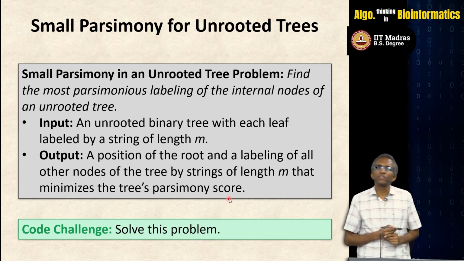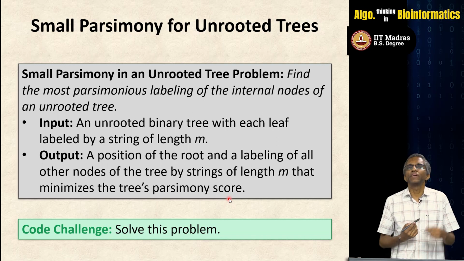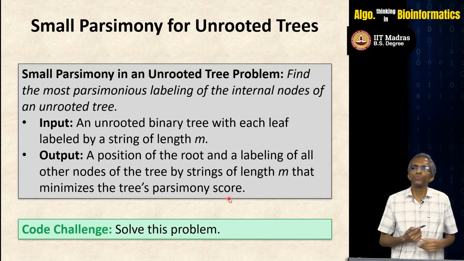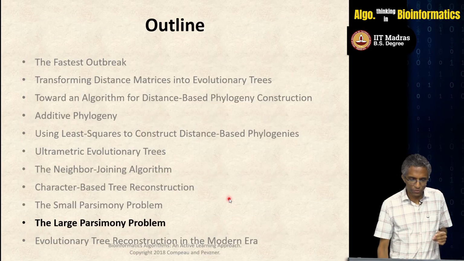So, the way to answer this is your root can be in any of the edges in the current tree. So, you can try every edge that way, and then you can run the previous rooted tree algorithm and take the best among all of that, right. So, that will solve this problem.